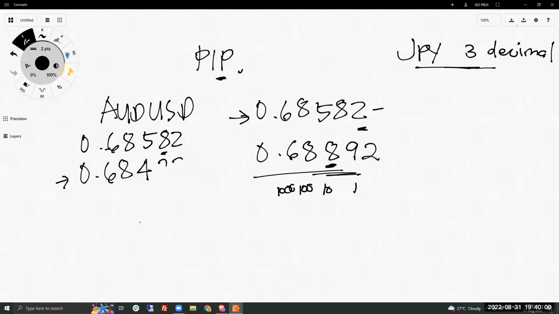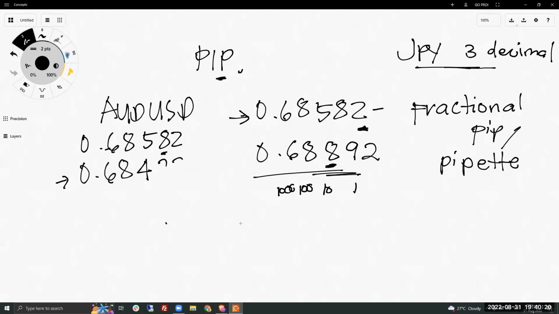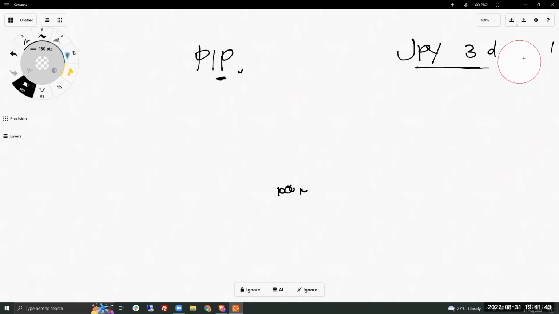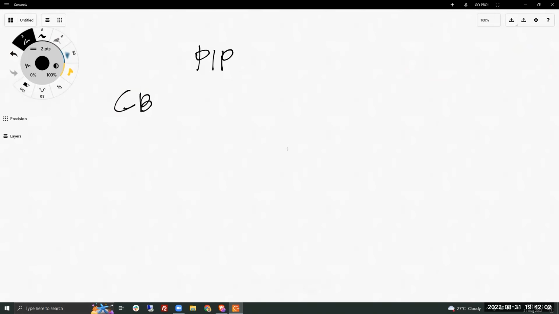Okay? This is called a fractional pip or pipet. So usually, with timers, you have something like this and then something like this, right? So you have hour, minute, and seconds. But you also have milliseconds. Let's take an example in JPY, okay? Which is 3 decimal points. GBP JPY, and its current exchange rate is 161.147.